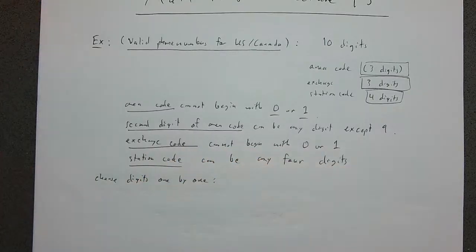You'll notice that thinking of this process of constructing a valid phone number, there's no dependence between the digits. There's no rule that says if the first digit was 1, then the 7th digit in the whole string has to be odd or even. So these are independent. I just have to track how many choices I have at each step.